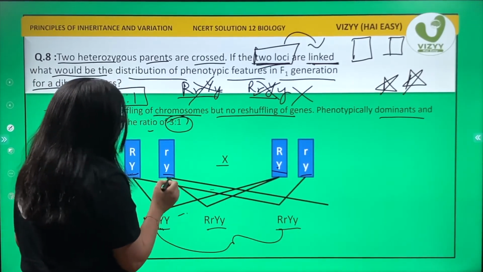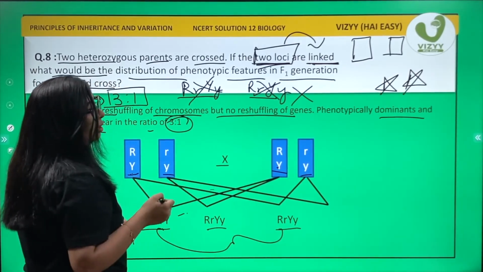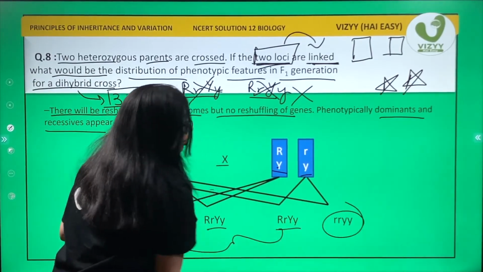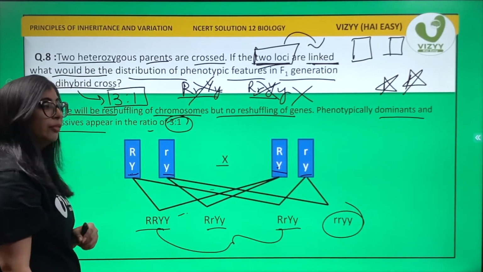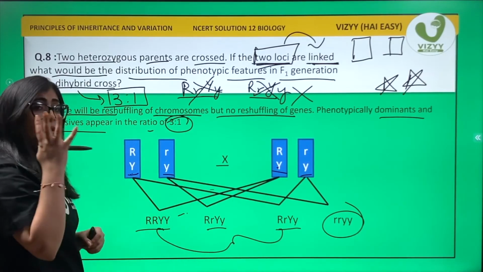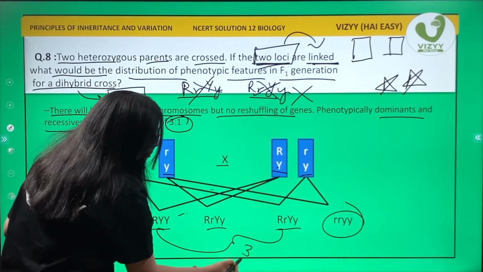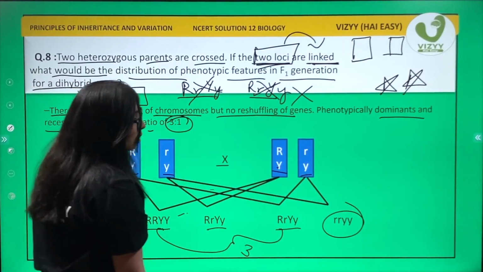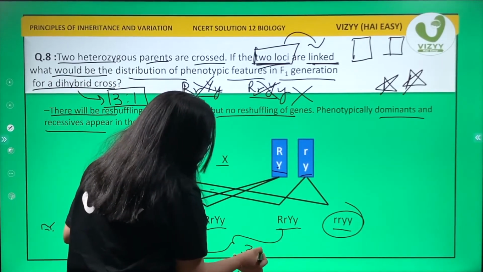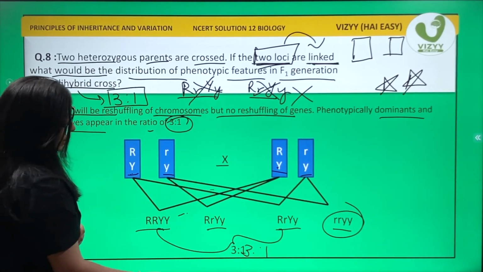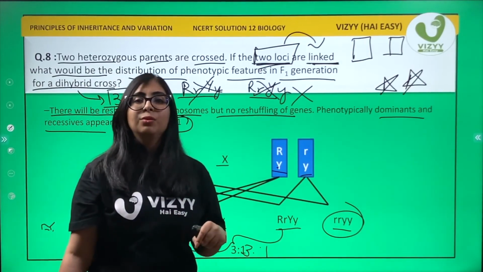And lastly, both of them are recessive. So what did we get? Entire recessive offspring. So we got 4 offspring with 3 similar phenotype and 1 recessive phenotype. So the answer is phenotypic ratio is 3:1.